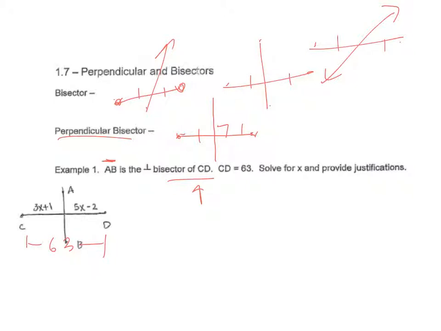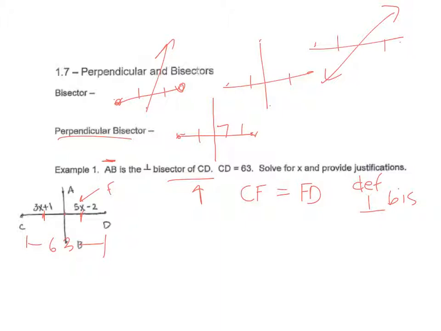So these two segments are equal. I'm going to put a mark in here since there's not a point, and we'll call that F. So this means that CF, the distances are equal, is equal to FD by definition of perpendicular bisector.